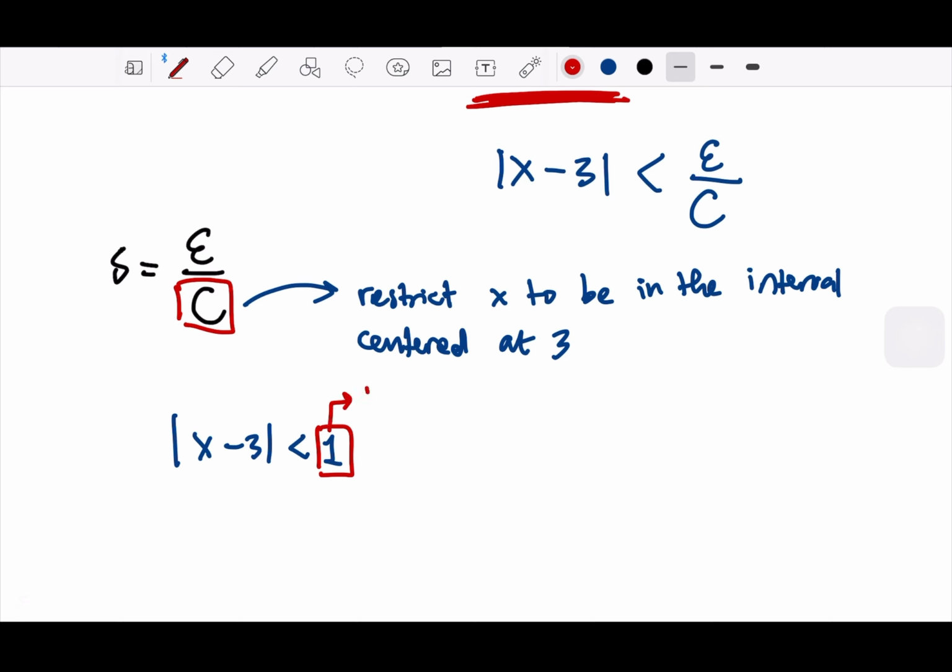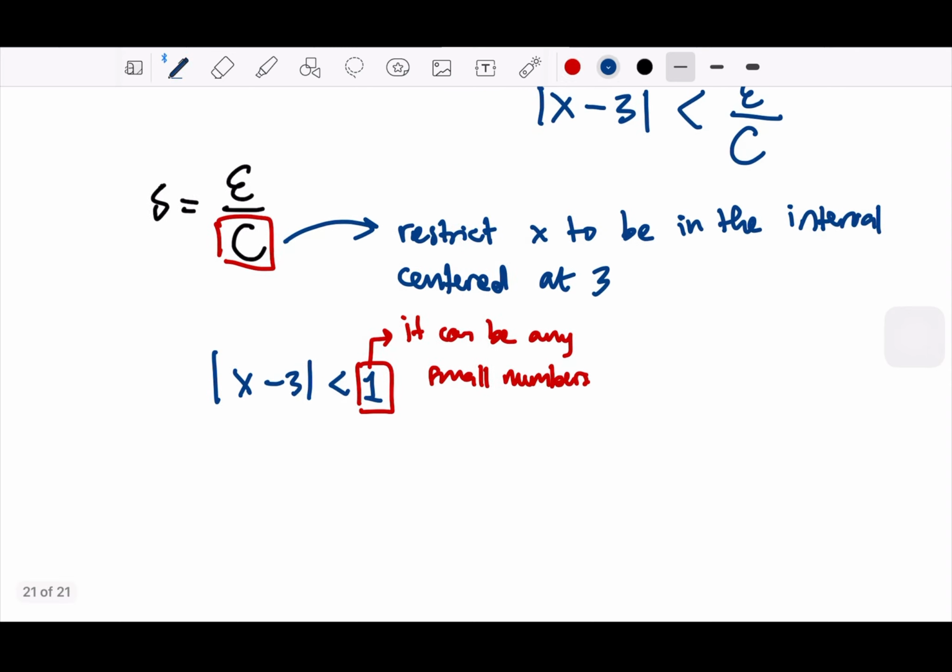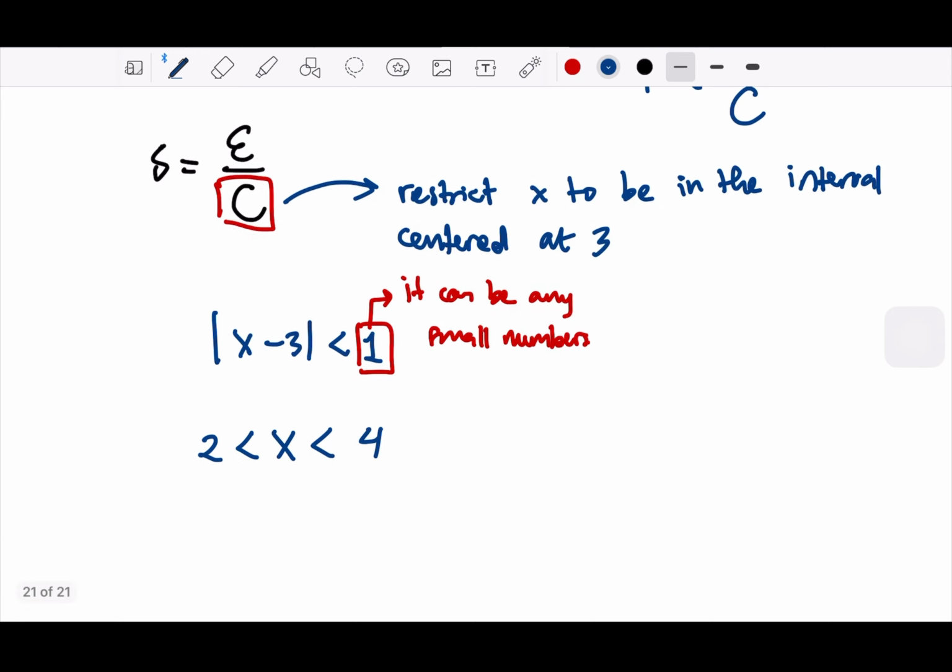Okay, so if we have this, or let me just write, it can be any small number. Okay, so if this is 1, then x will be from 2 to 4, right? And then the same way, if we plus 3, then this will result in 7 and 5, okay?